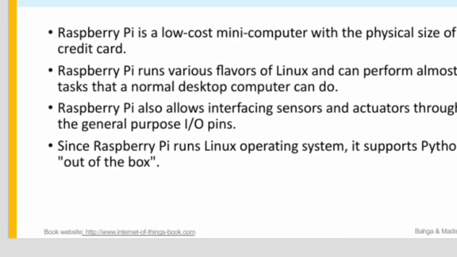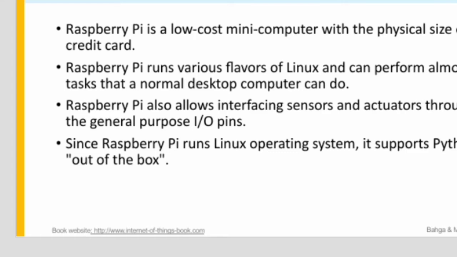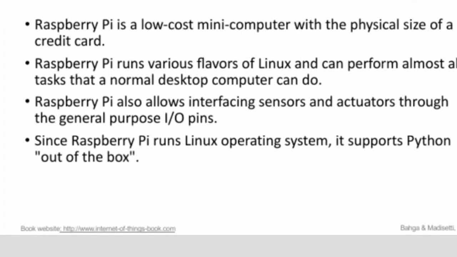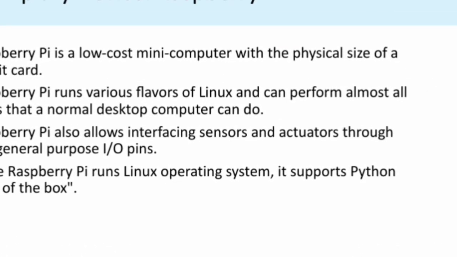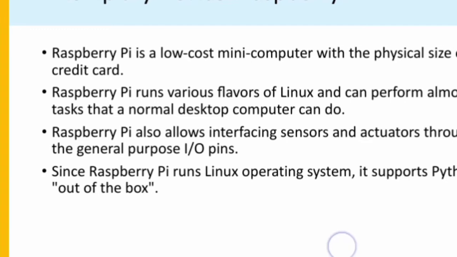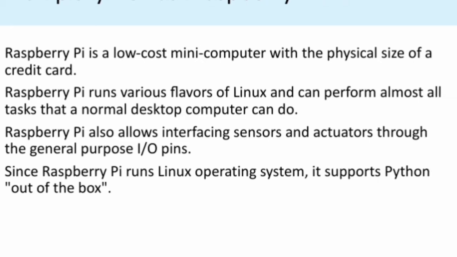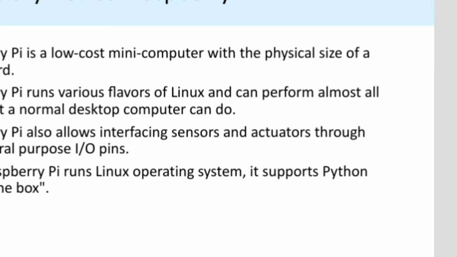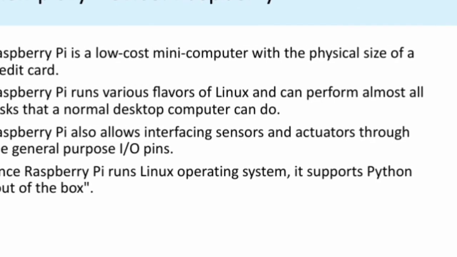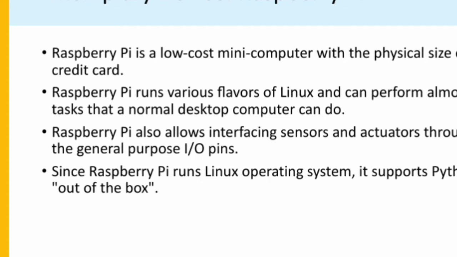Exemplary device: Raspberry Pi. Raspberry Pi is a low-cost mini computer, with the physical size of a credit card. Raspberry Pi runs various flavors of Unix and can perform almost all tasks that a normal desktop computer can do.